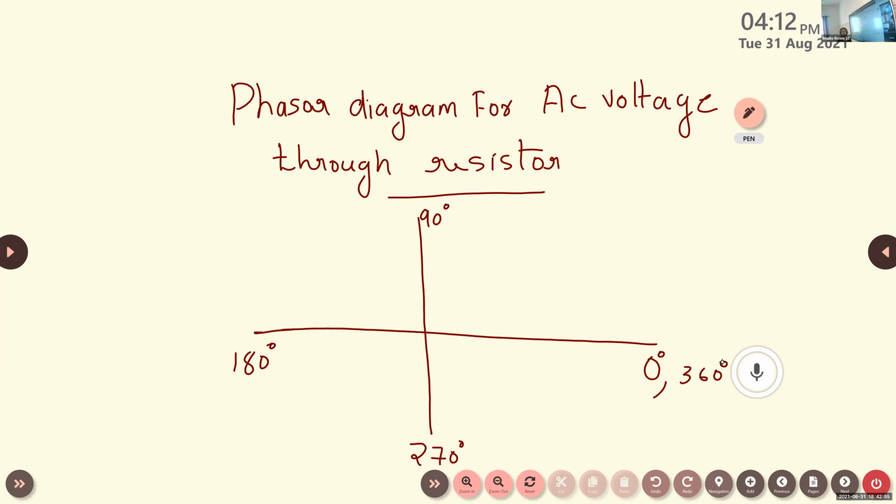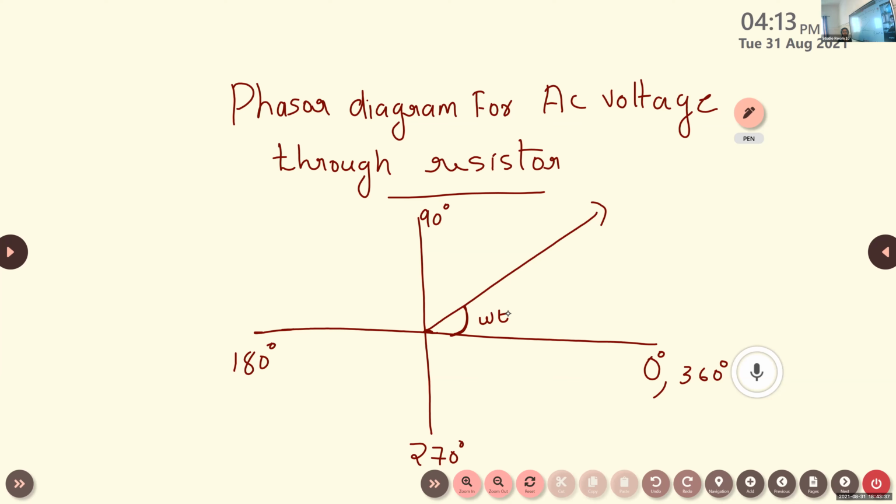Okay, so here we know that omega t represents the phase angle. It rotates about the origin in a particular direction. So it rotates through a particular angle omega t. So phasor diagram is used to represent the phase angle. And in the very beginning of the session, we already said that in the case of AC voltage through resistor, the alternating current and alternating voltage are in the same phase.